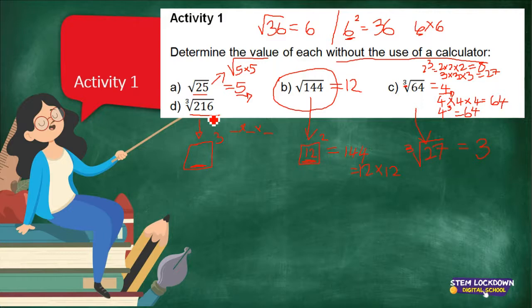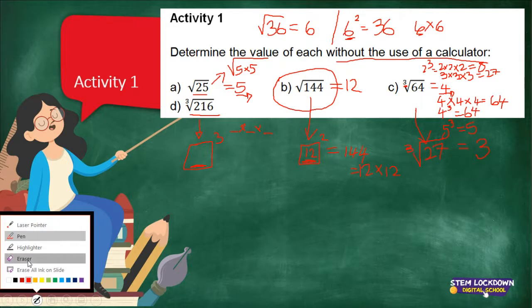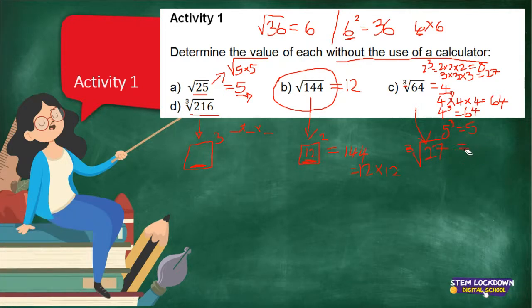Okay, obviously, you can just do trial and error. We've done 4 cubed is 64. 5 cubed is 125, which is 5 times 5 times 5. Let me erase this because there's too much.